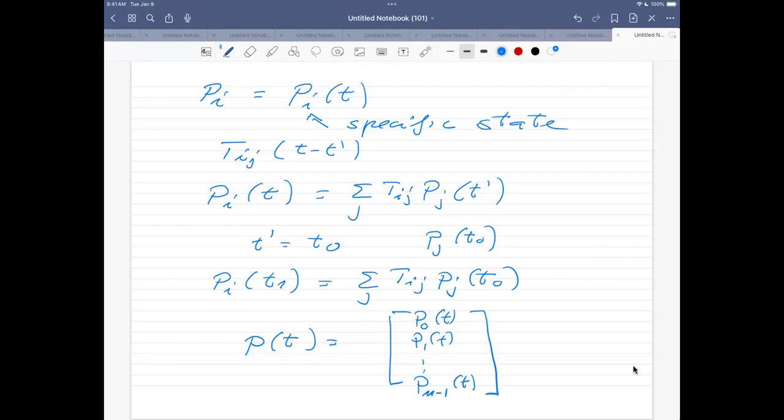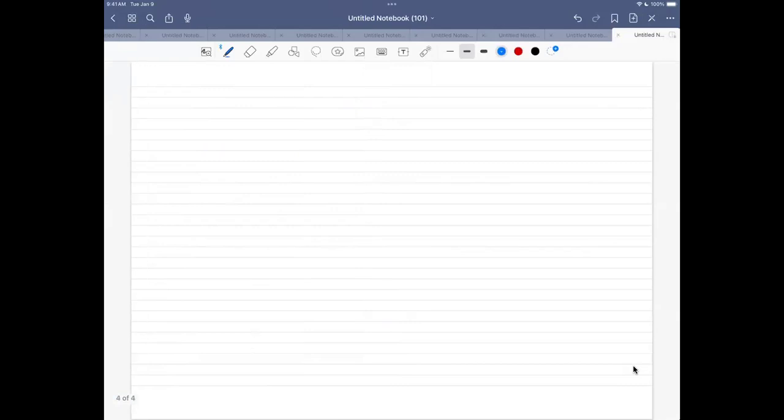If we now replace everything in terms of a more compact vector-matrix notation, what we have is a vector P of t, which can be rewritten in terms of this matrix T multiplied with the vector at t prime. So if we look back at this P of t1, this is now equal to T multiplied with P of t0.